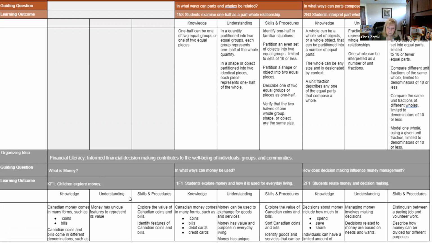So you will see it appear, and you'll see that it's lined up again with kindergarten, grade 1, grade 2, and then you'll see it again in grade 3 and grade 4. The numbering is the same. It's K for kindergarten, F for financial literacy, and 1 for the first learner outcome. So grade 1, F1, so 1F1 is grade 1, financial literacy 1, and so on.